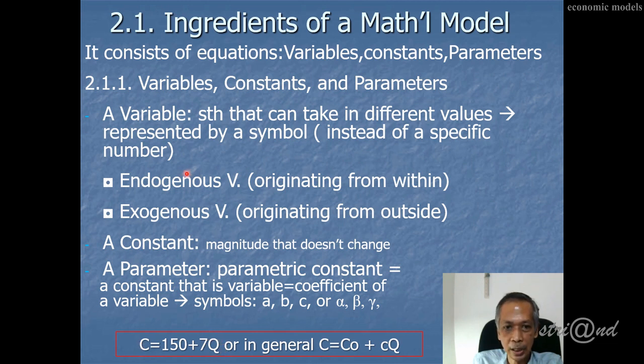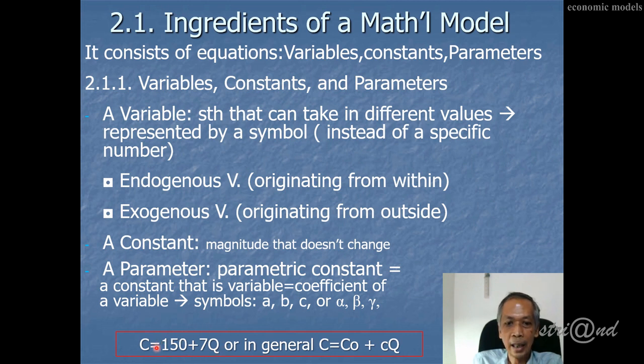So it is endogenous, while Q here is an exogenous variable because we cannot know how the variable Q here is determined. It is originating from something outside the equation, from outside the model.